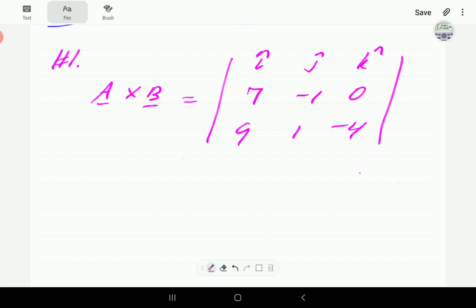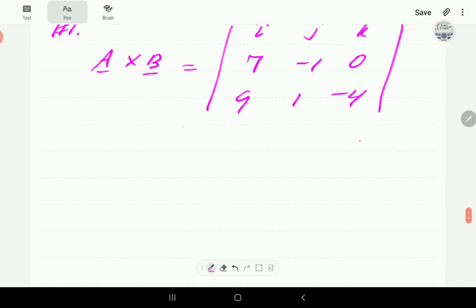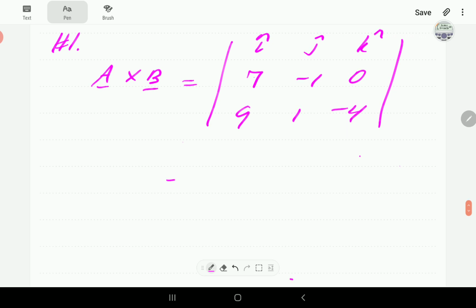Well, there is a number of ways we can do this. We see there is a 0 along this column or along this row. I'm going to evaluate this along this column so that we only have two determinants to work out. So remember, plus minus, so that's plus, and then it's going to be times this determinant here.